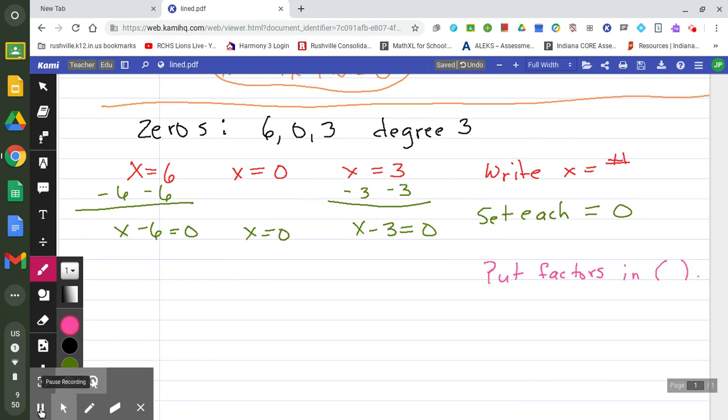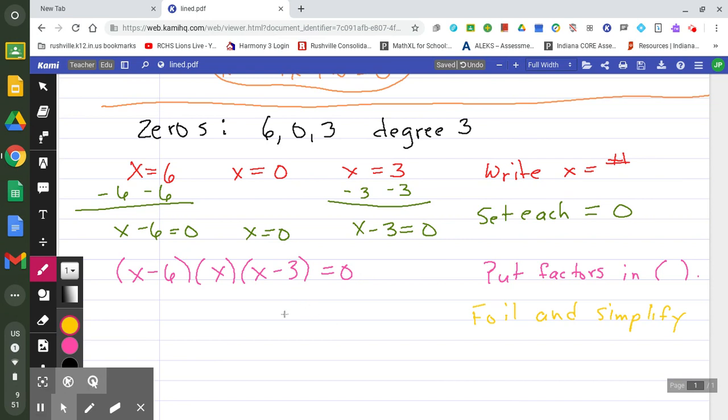So then we're going to put factors in parentheses. So x minus 6 times x times x minus 3 equals 0. Okay, we're going to FOIL and simplify. Now we have 3 things to multiply, so I am going to FOIL just 2 of these, x minus 6 and x minus 3.